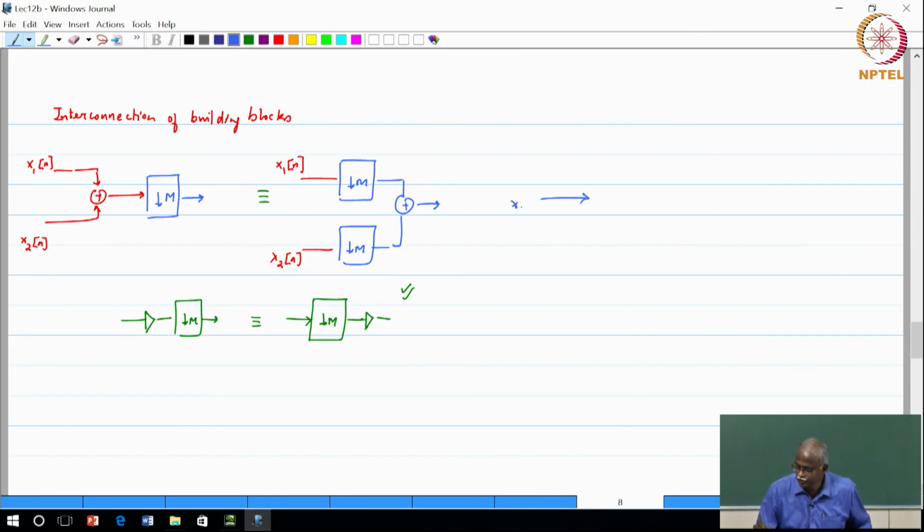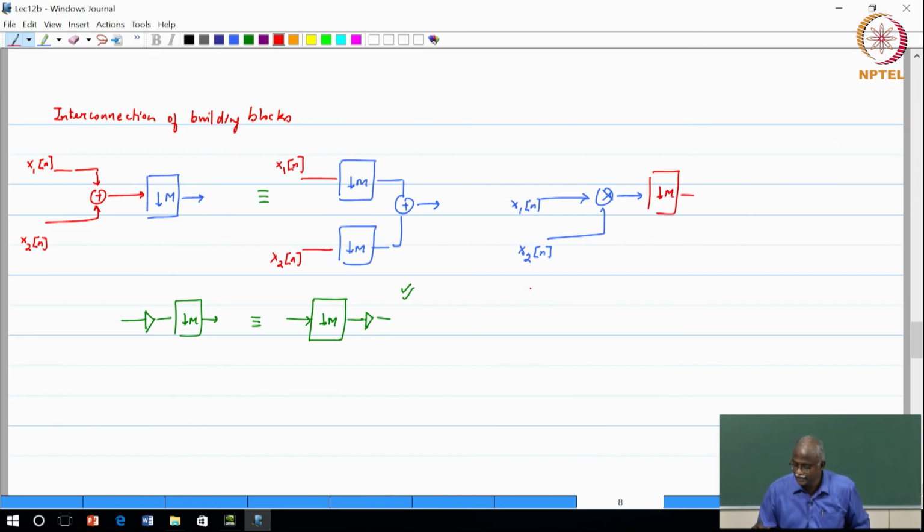There are times when you may do x1 of n multiplied with x2 of n. This is again a memoryless operation, sample by sample, and if you are going to do downsampling or upsampling here, then it makes sense to do the downsampling first.